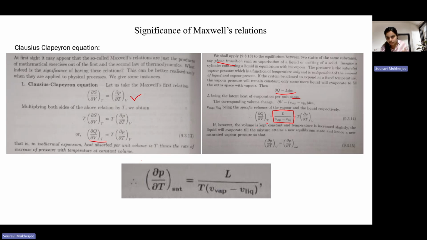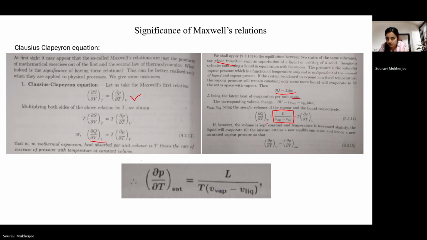So now if you take the differentiation, or find the change in the pressure with the change in temperature at constant volume, del P del T at constant volume, you would see that T into del P del T at constant volume is equal to L by V vap minus V liquid.